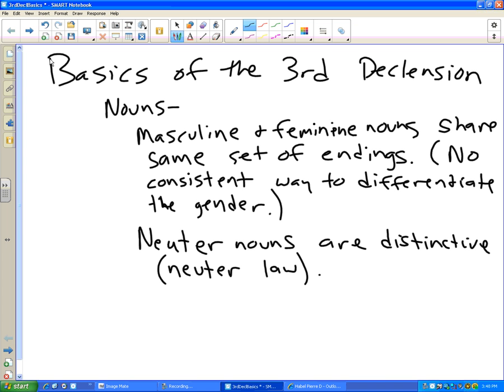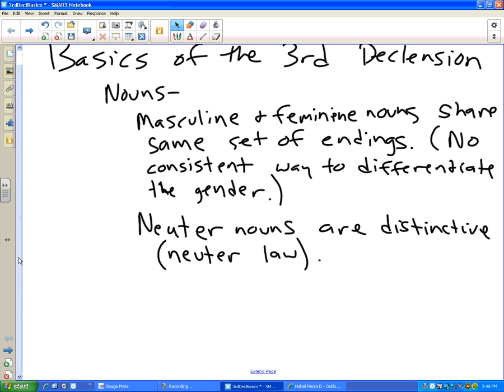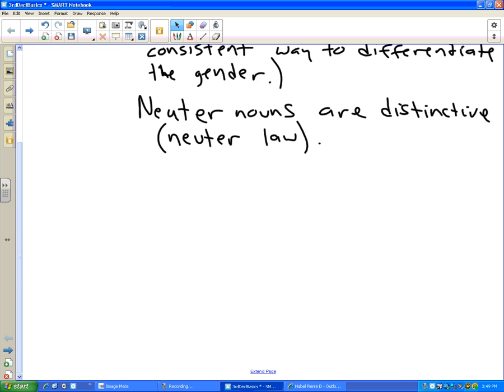When we do learn those, the neuter law applies. All right, so within the nouns, let me back up and say, we will learn third declension adjectives in a later lesson. I'm not going to seek to put them before you right now because it's quite a bit later that they are introduced into Latin for Americans.